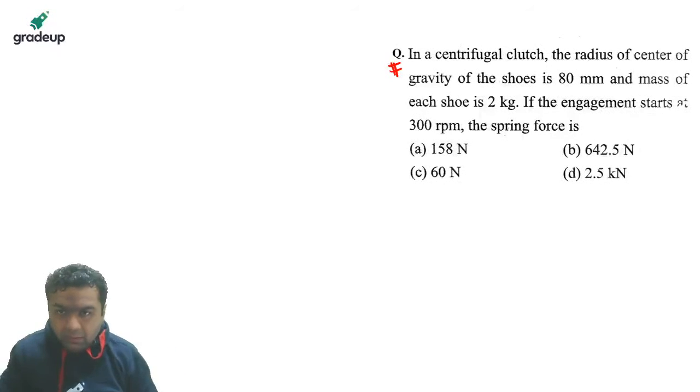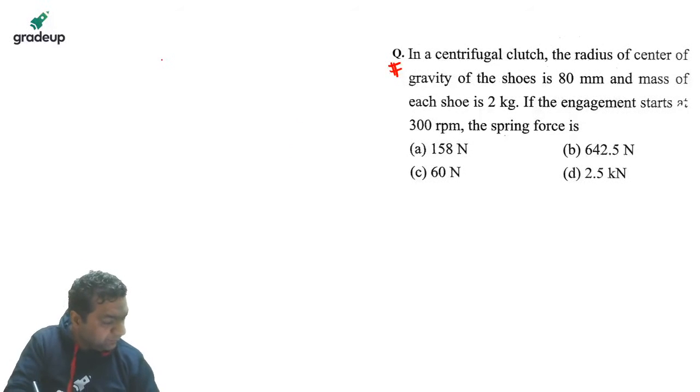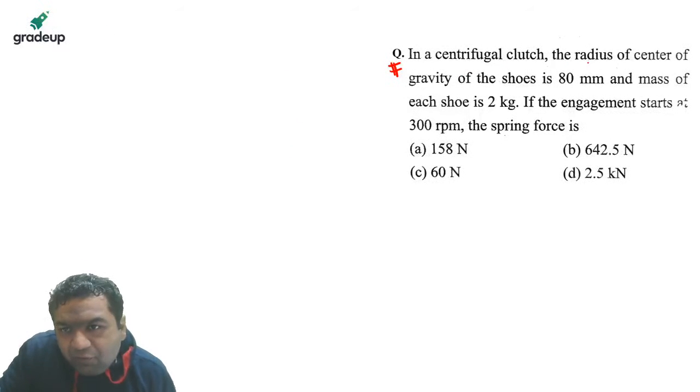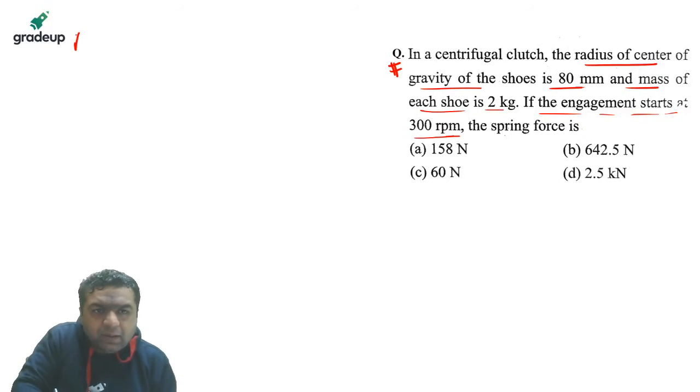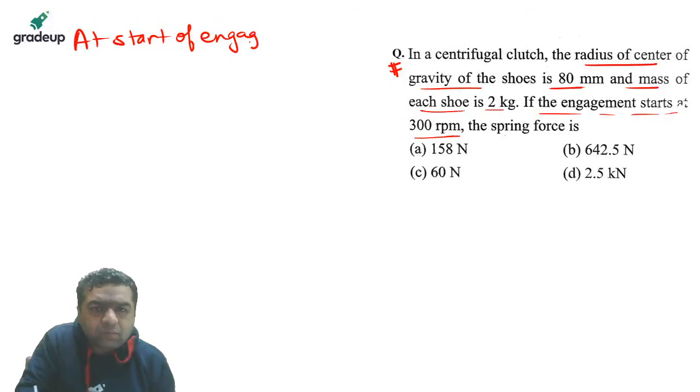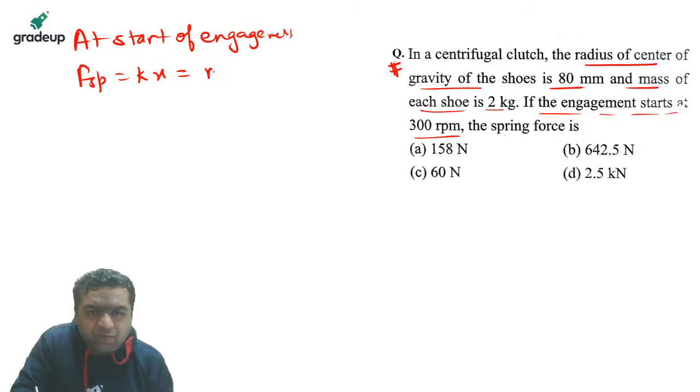Okay, fine. So I am solving it, guys. In a centrifugal clutch, the radius of center of gravity of the shoe is 80 mm. Mass of each shoe is 2 kg and the engagement starts at 300 rpm. Dear, at the start of engagement, spring force, which is K into X, is equal to centrifugal force m r omega 1 square.